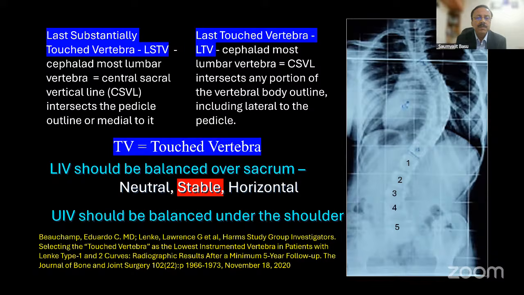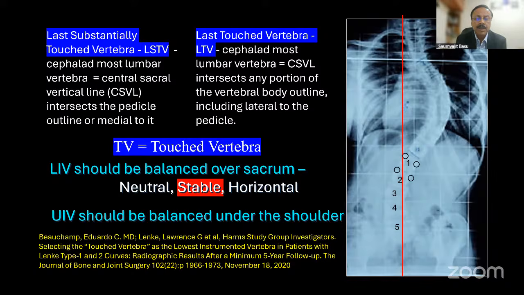LTV is the cephalad-most lumbar vertebra which is intersected by the CSVL at any portion of the vertebral body outline, including lateral to the pedicle. And if it is substantially touched, it has to be intersecting the pedicle or medial to it. So if you look at this curve, lumbar 1, 2, 3, 4, 5, and the red mark is the CSVL.